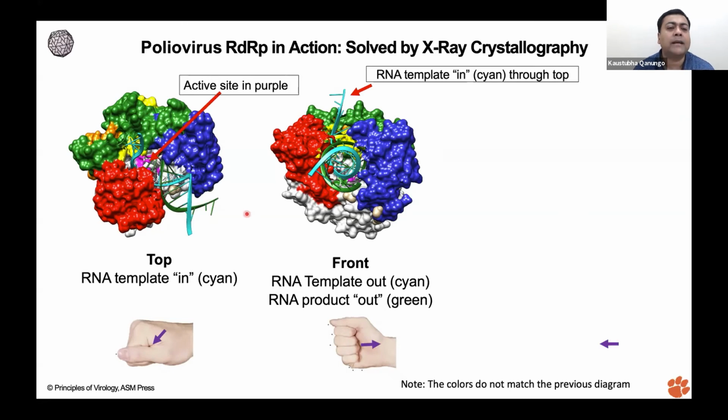Now, I have explained that in the narrative below in the notes. Remember that these are all crystal structures. When they were crystallized, you make a template RNA, you make a product RNA, you purify these proteins, and then you co-crystallize all of them so that they will all bind in proper places along with the NTPs. Now, remember that the NTPs are replaced by some analogs so that the reaction doesn't go in.